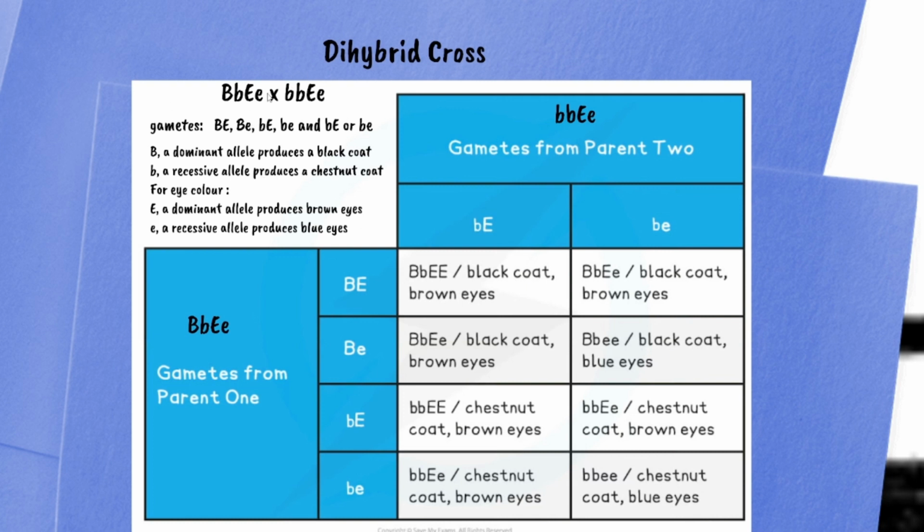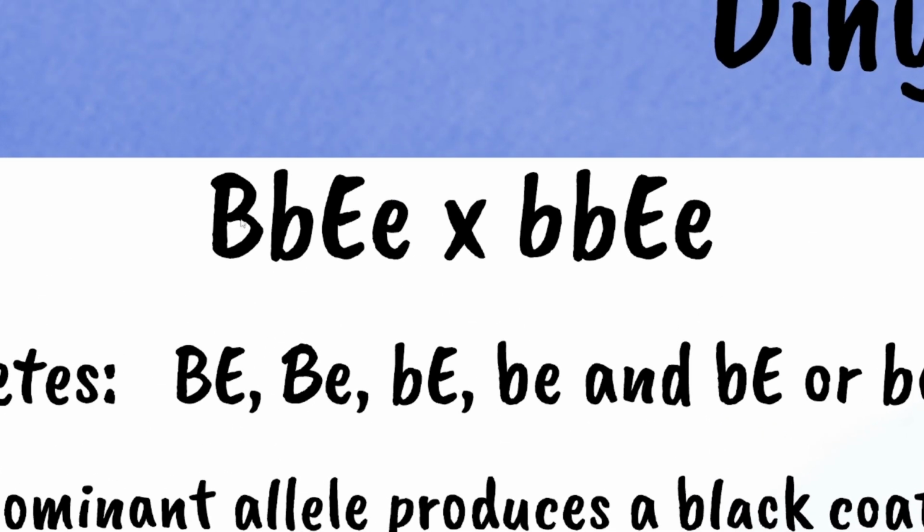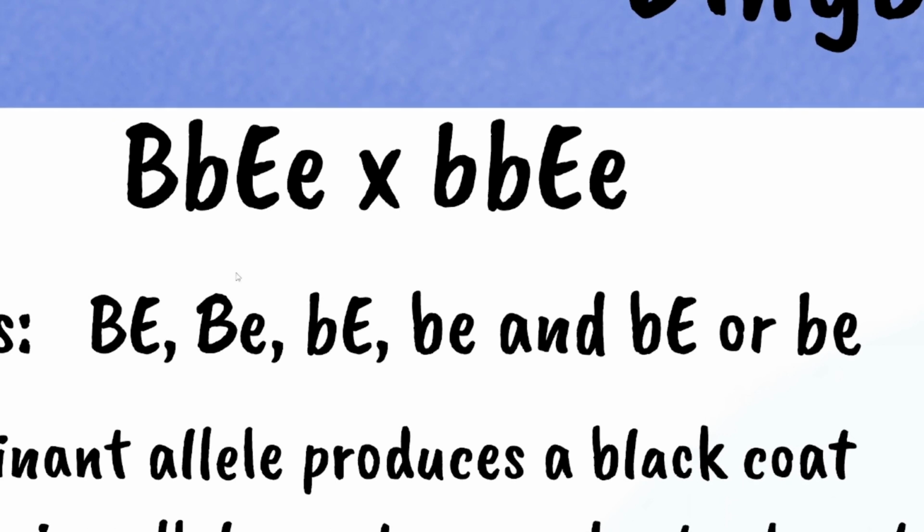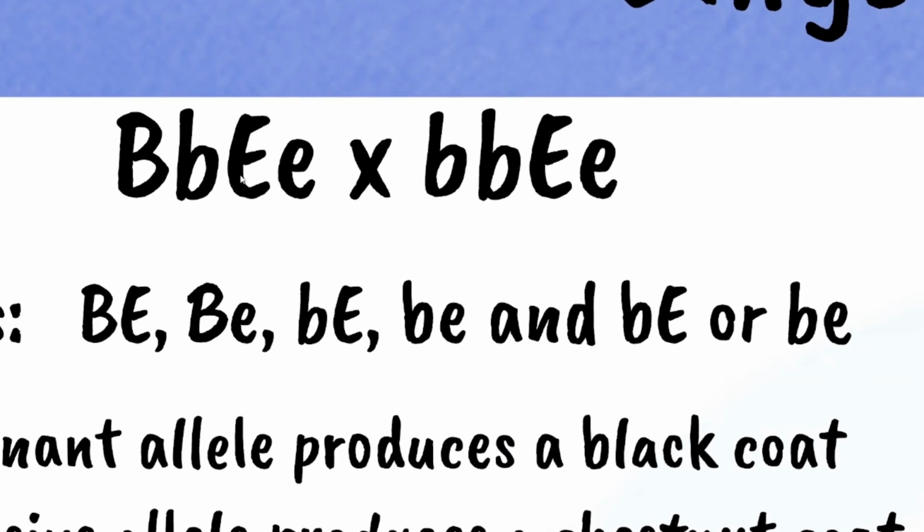Okay, remember, now I'm going to zoom in. How we're going to make these gametes is this capital B goes and combines with this capital E. Therefore, we get BE. Another gamete that's going to be formed here is a capital B with a small e.